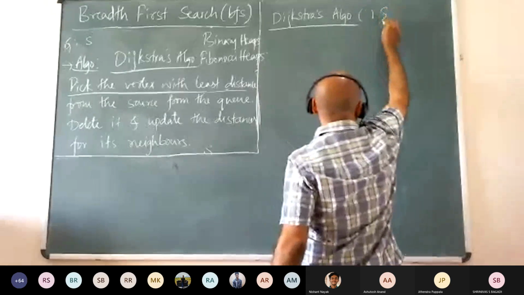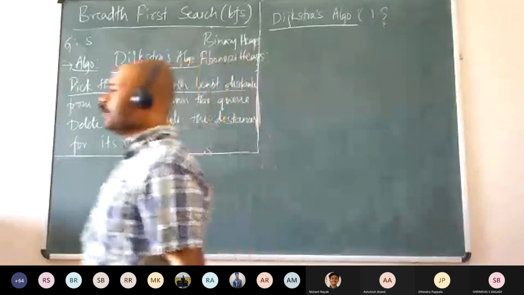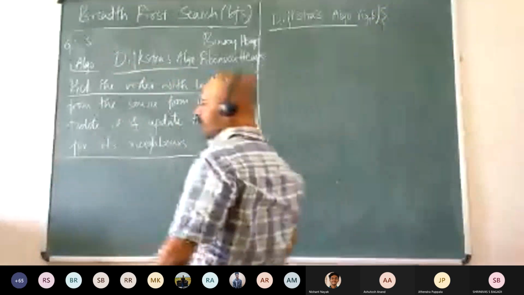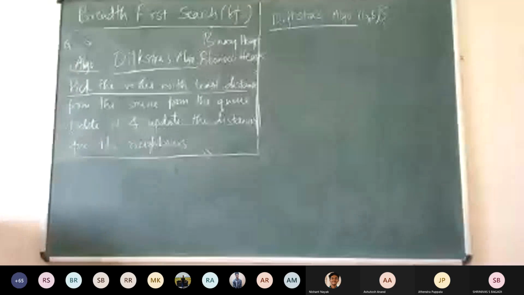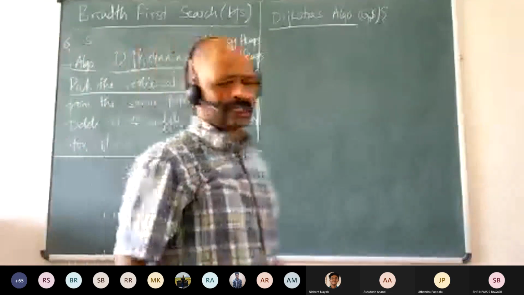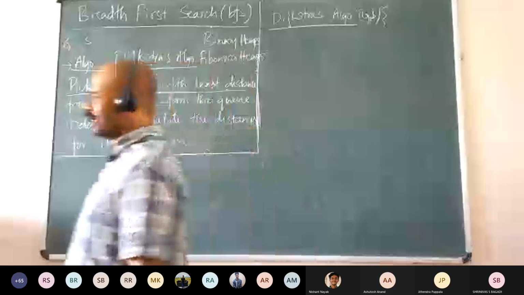So how does this work? You are given a weighted graph, and also a source, and from that we need to find the shortest distance to every other vertex. Initially we do a set of initializations.